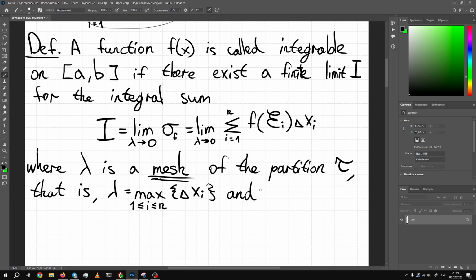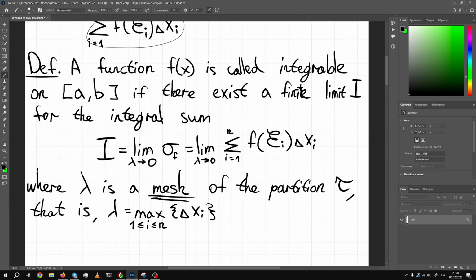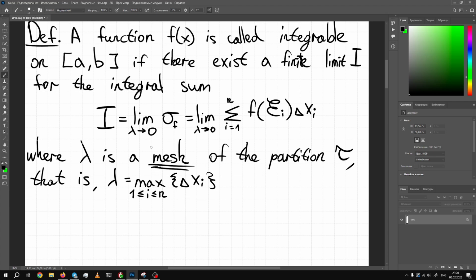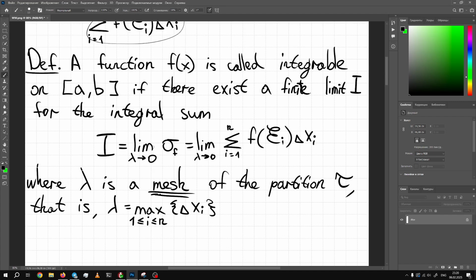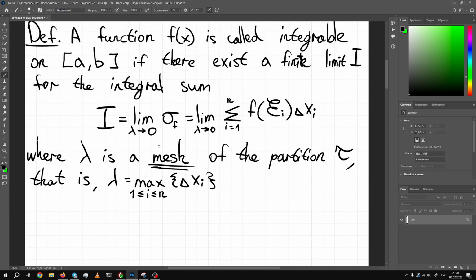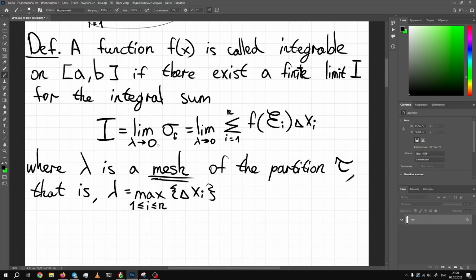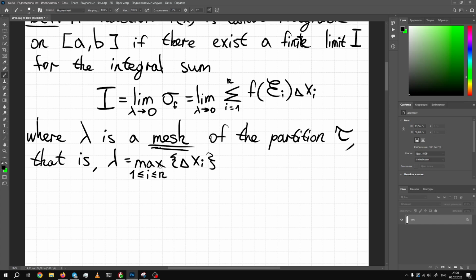And also, this limit does not depend on the choice of partition tau and points ei. On the one hand side, from the other hand side, a function of x is integrable on some segment if there exists a definite integral.